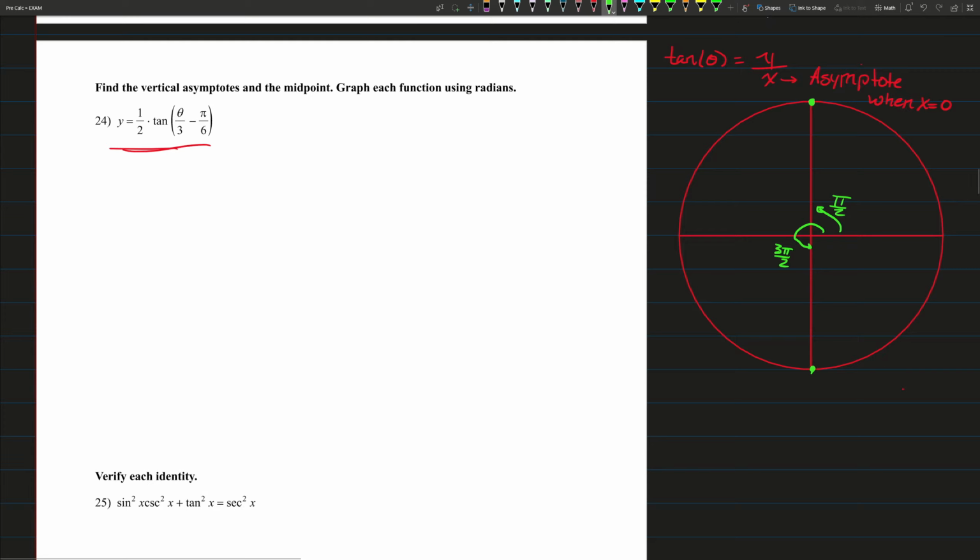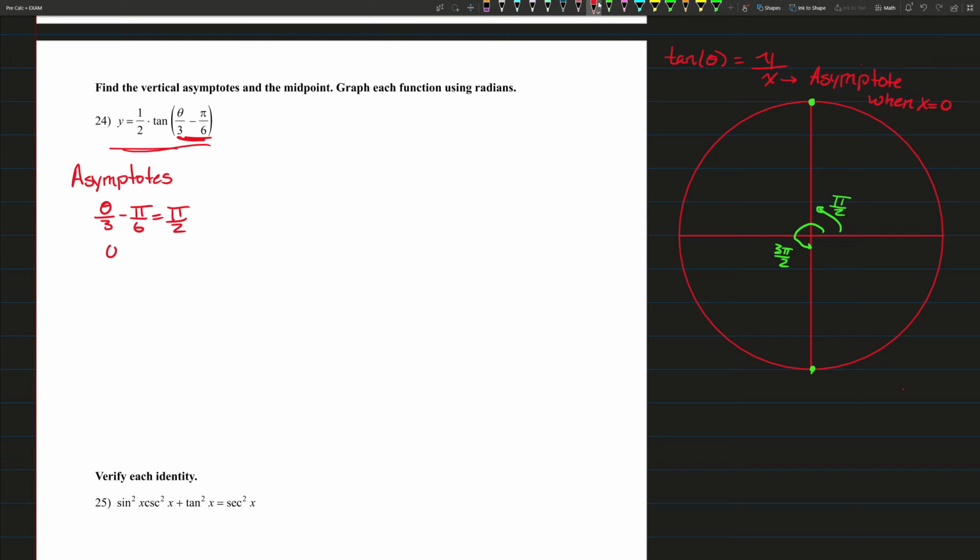So what we need to do is find those asymptotes. So we are going to have asymptotes when our angle, the thing inside, is equal to pi over 2. And we can solve the next one.